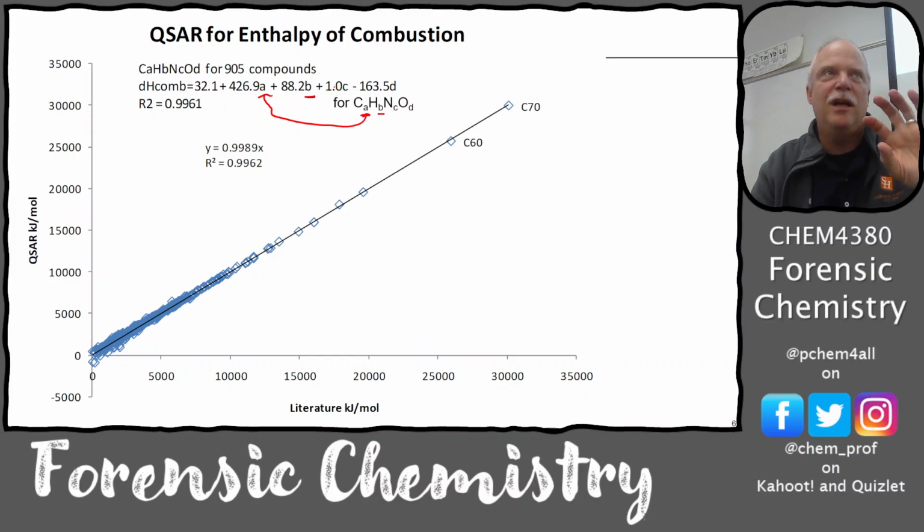Because reduced nitrogen, in this molecule training set, I had some amines and I had some nitros. Both have nitrogen, and they kind of work against each other. So that's why the nitrogen effect cancels out, since the amines behave differently than the nitro groups. And then the oxygen number times a negative 163.5.